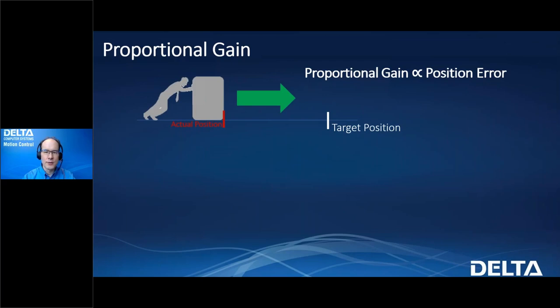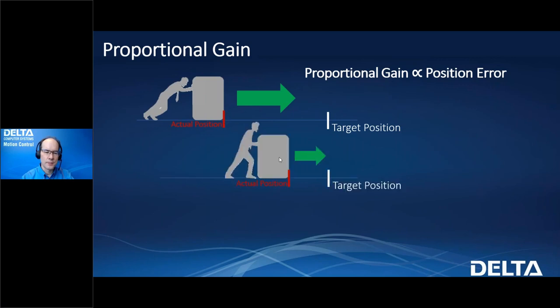First, I want to review the proportional gain, just the basics of what it does. We have a target position that we want to get to, and we look at our actual position. If we are far away, we give a large amount of force or effort to try to get there. So in PID control, we have the control output from the proportional gain, and we give a large control output if we're far away.